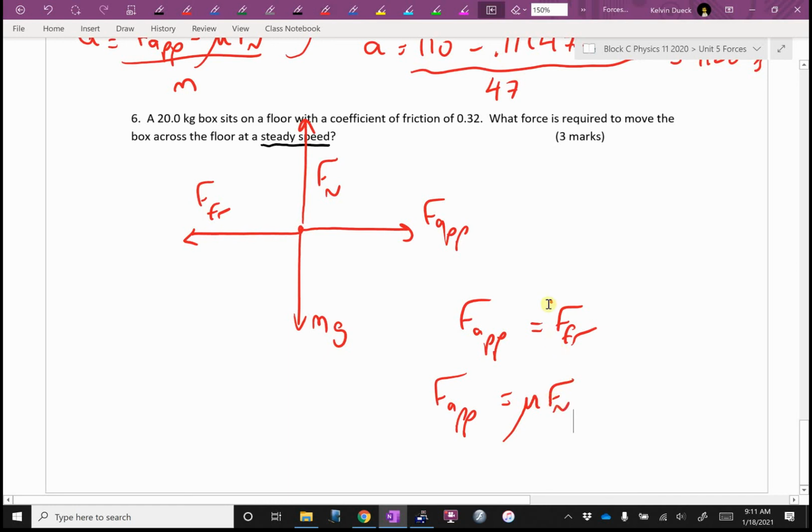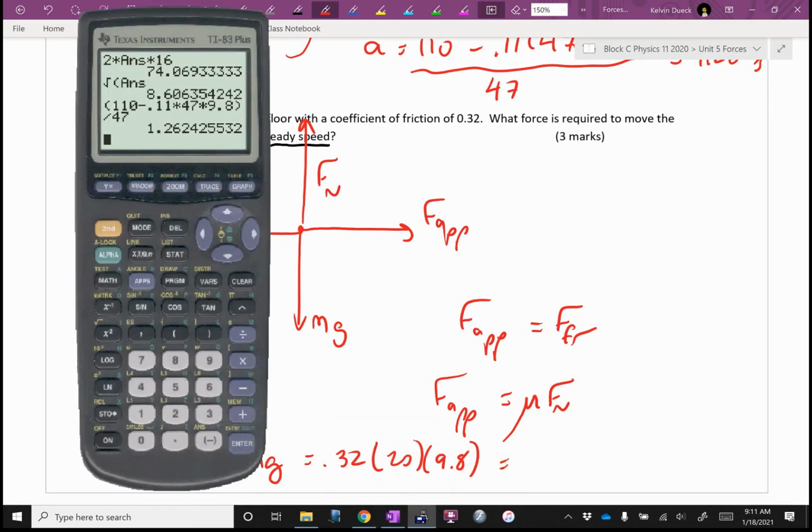I don't know the normal force. F applied equals mu mg. It's going to be 0.32 times 20 times 9.8. Do you get 62.72, 62.7? People nodding?